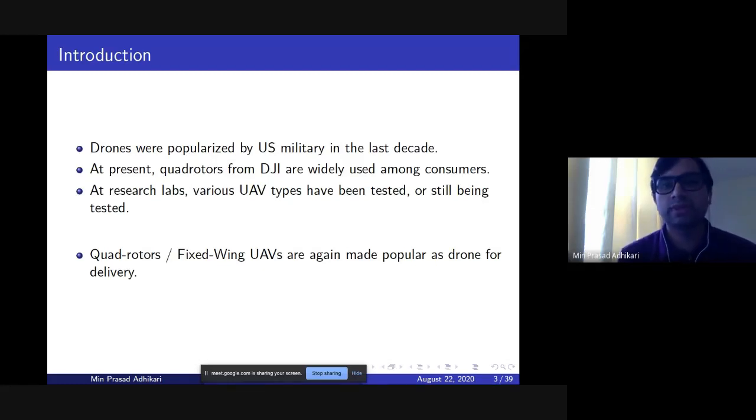Most importantly, today I'm going to talk about fixed wing UAVs. But these quadrotor and fixed wing UAVs are again really popular for delivery, drones as delivery, and big players like Google and Amazon are working towards making it happen sooner.